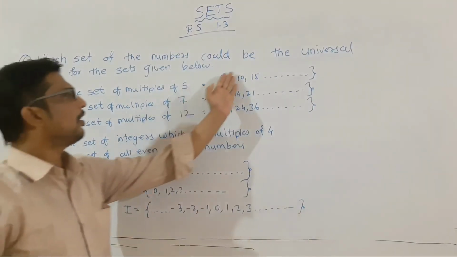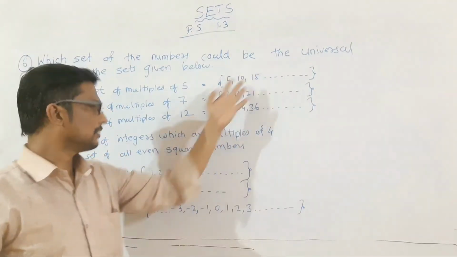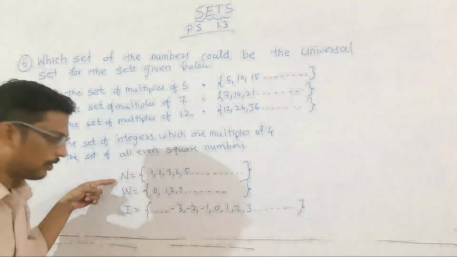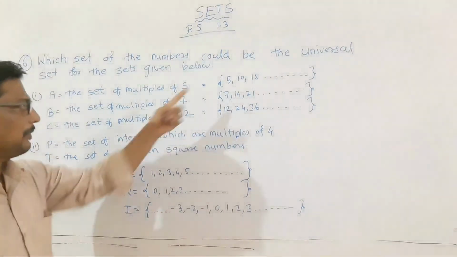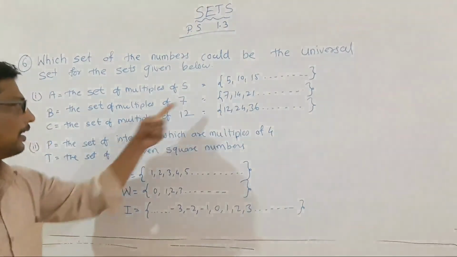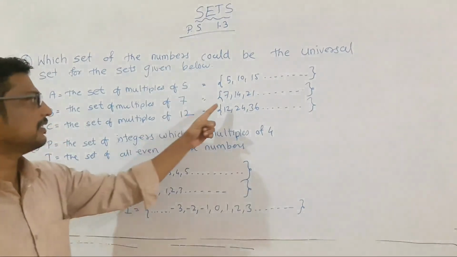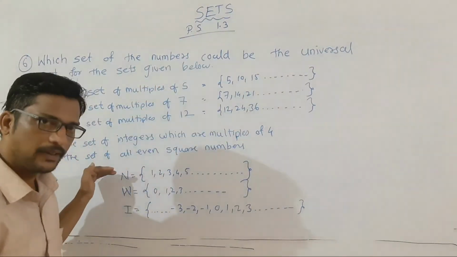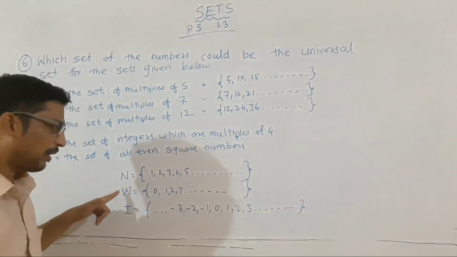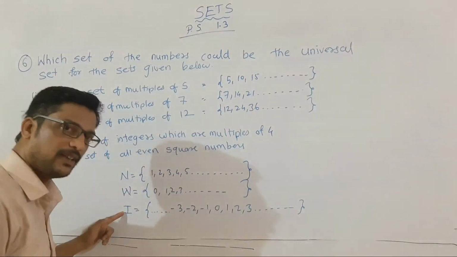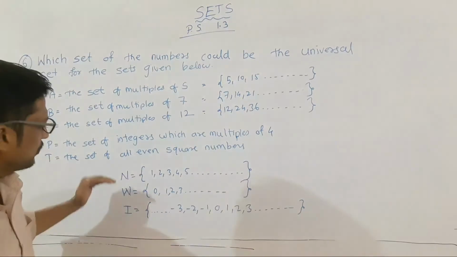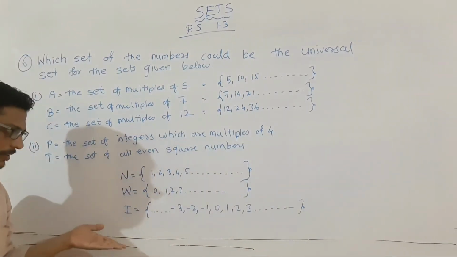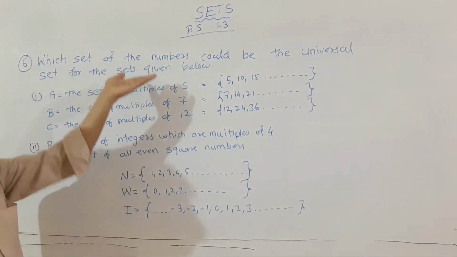Now all the numbers are present in what? Natural numbers also. That means this set is a subset of N, this set is a subset of N, this set is a subset of N. And if all the sets are subsets of N, and N is a subset of W as well as N is a subset of I, then I can use any one of these as a universal set.